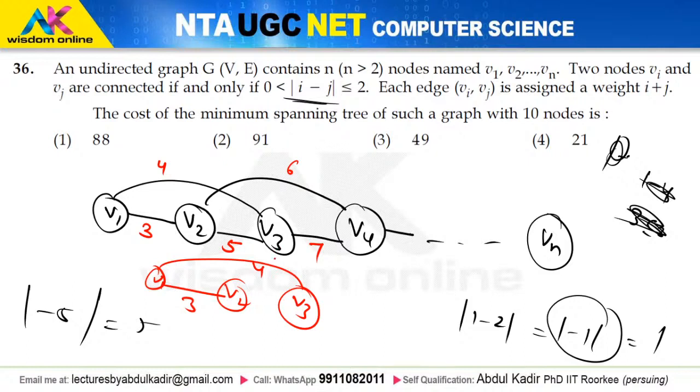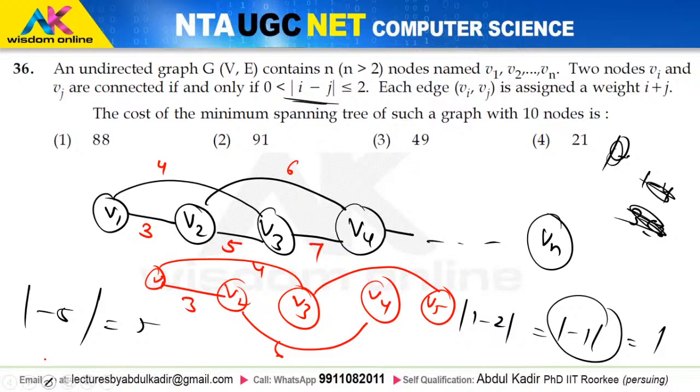Now how can you connect v4? To connect v4, you can take this edge 6, from v2. Now you can connect v5 also. To connect v5, you can take this edge 7. Finally, this is how you construct the minimum spanning tree.